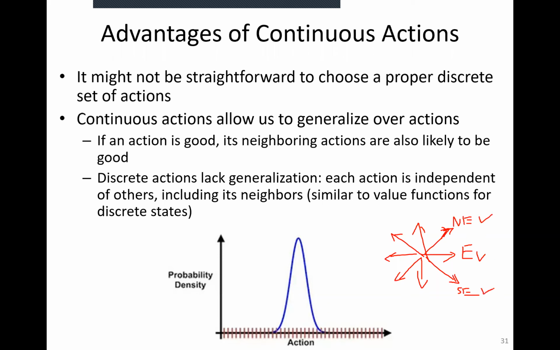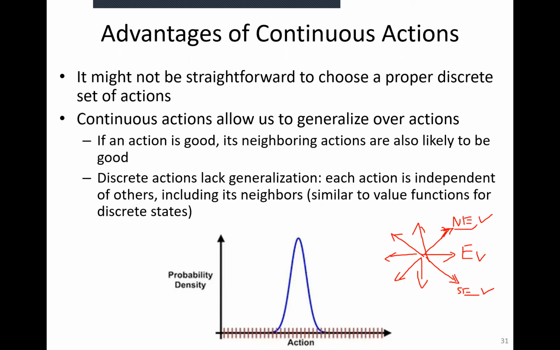However, for a discrete set of actions, these actions are all independent. If you update the parameters for going east, it doesn't really affect the other two actions. That's a lack of generalization.